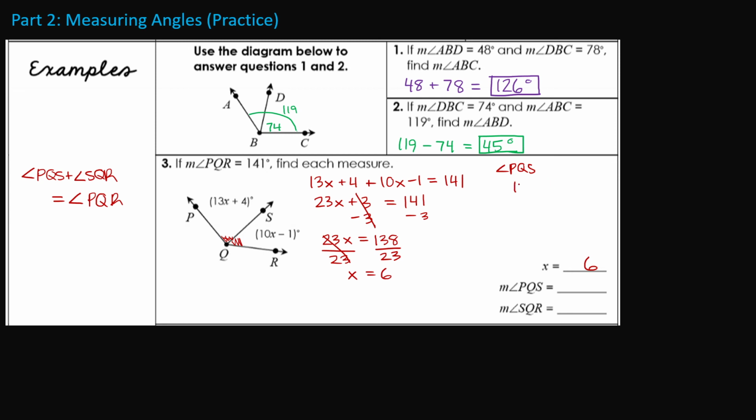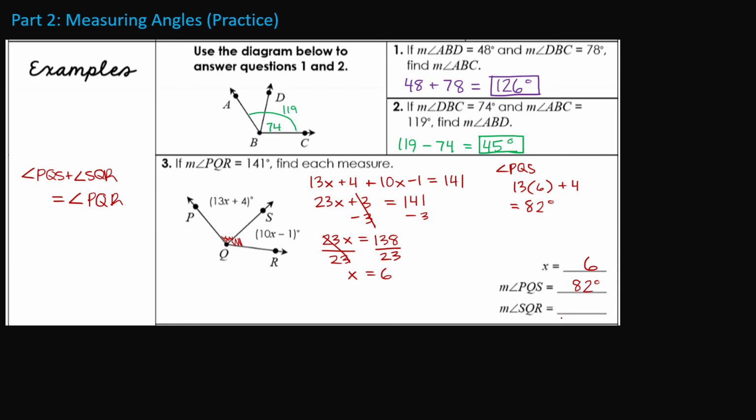So that would be 13 times x, which is 6, plus 4. And so angle PQS, 13 times 6 plus 4, that would be 82 degrees. So PQS is 82 degrees.